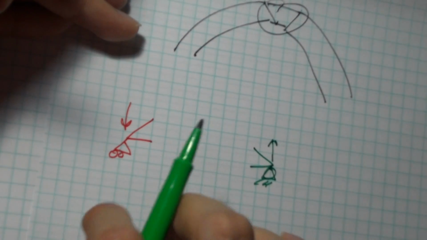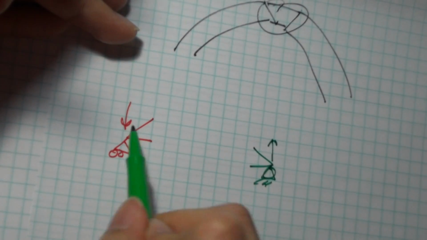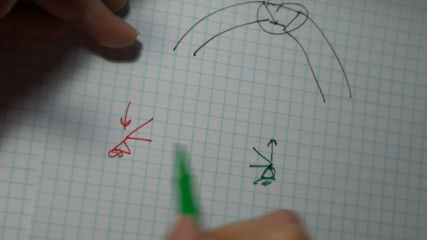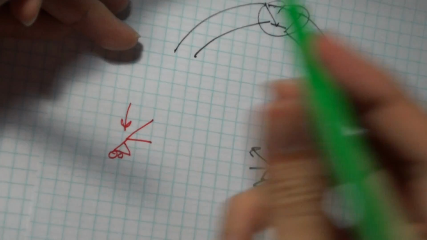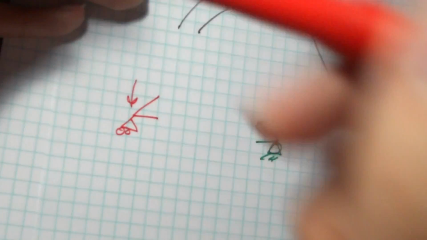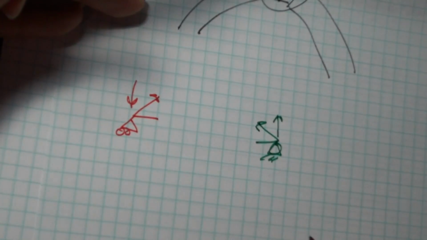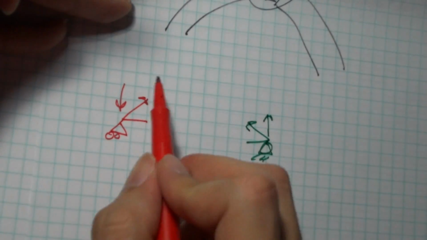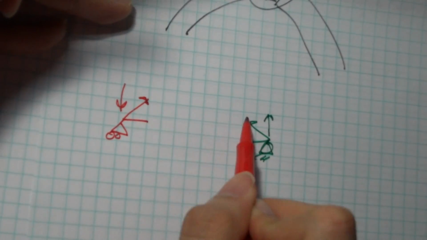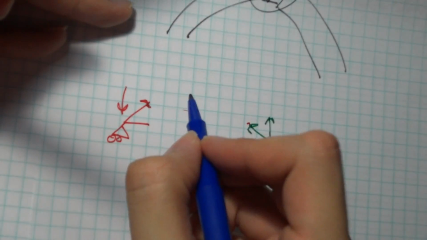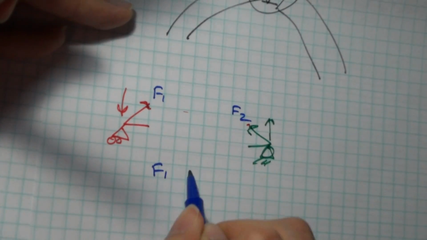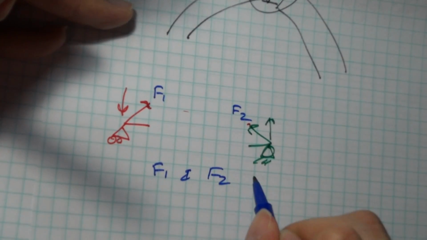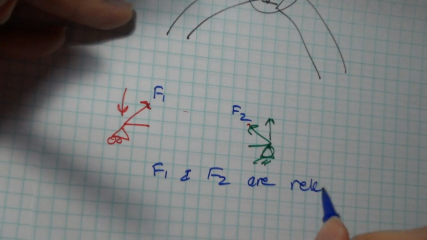So my vertical reactions, if I'm just looking at these two members, and I calculate this, sorry, not the reactions, if I look at the diagonal forces, I should see that these two are related to each other in some way. If I call this F1 and F2, F1 and F2 are related.